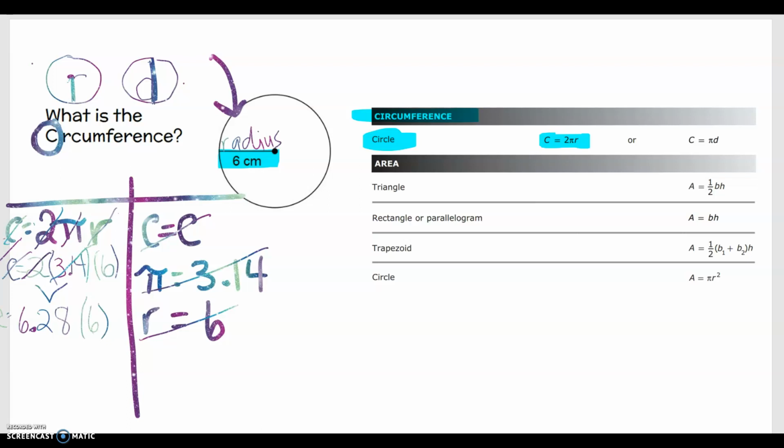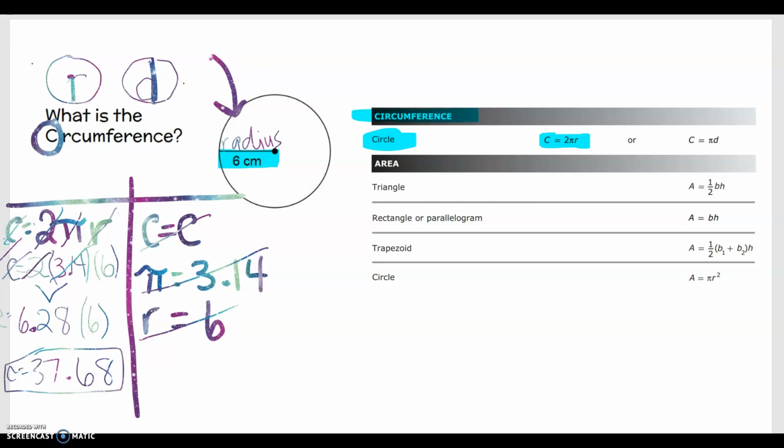So here also, go ahead and pause the video and see what you get. Okay, so hopefully you paused it. And now that you're back, you can see that 6.28 times 6 gave you 37.68. So our circumference for this one is 37.68.